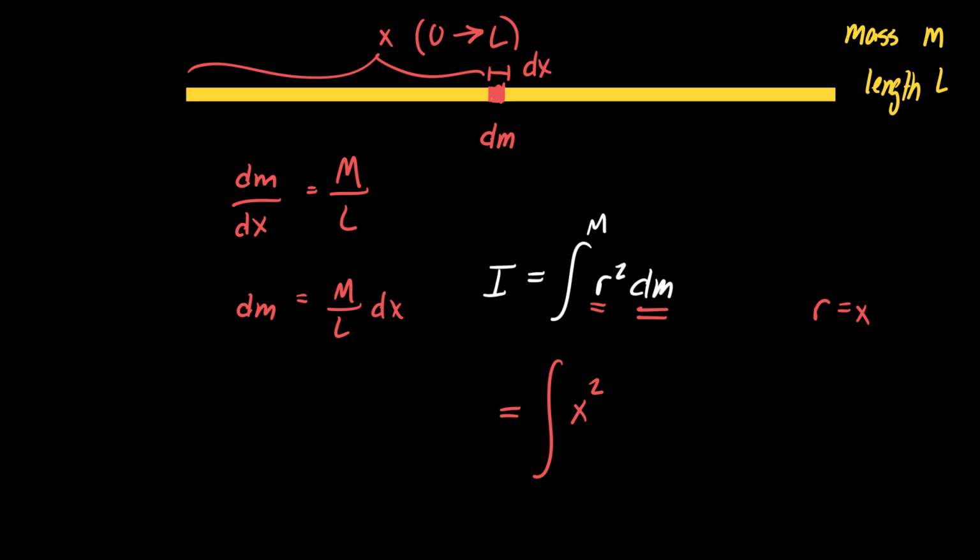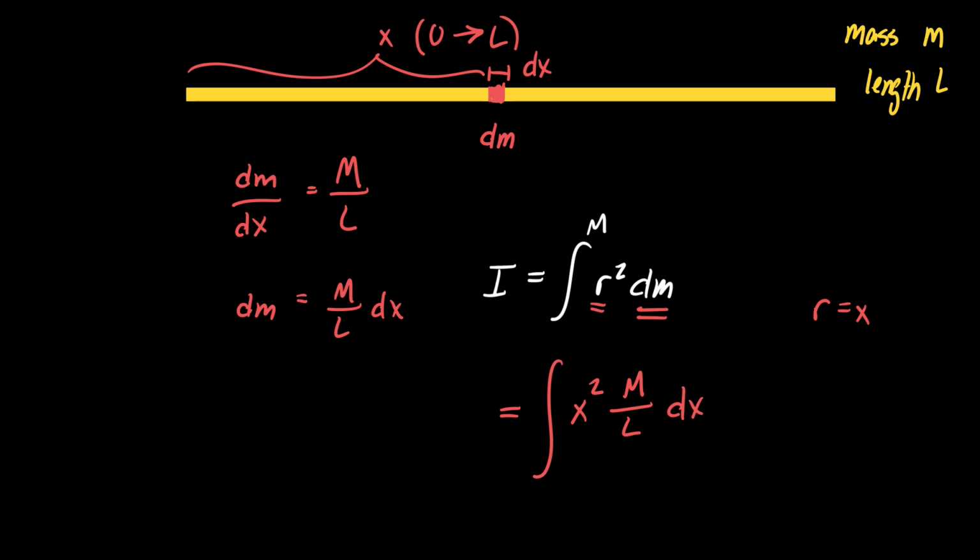So that's this. I'm assembling the integral. I'm replacing what I have for r with how I'm pointing to the object, and I'm replacing what I have for dm with something that has to do with the size of the piece, not the mass of the piece.